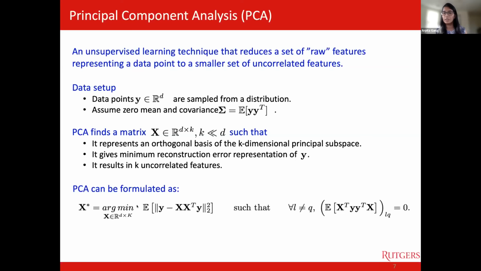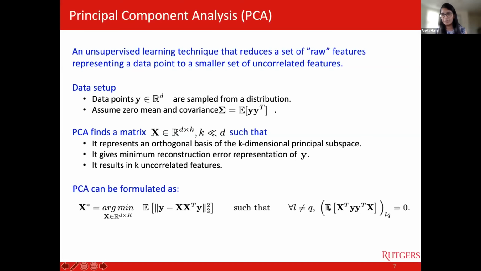The objective ensures that the data are represented well when projected on a smaller dimensional space, so the objective function takes care of the proper representation part, and the constraint takes care of the uncorrelated part.